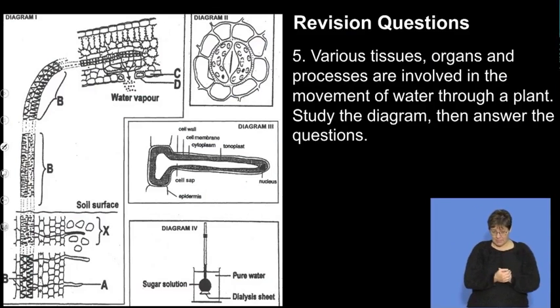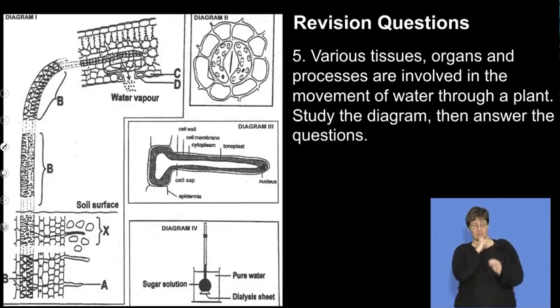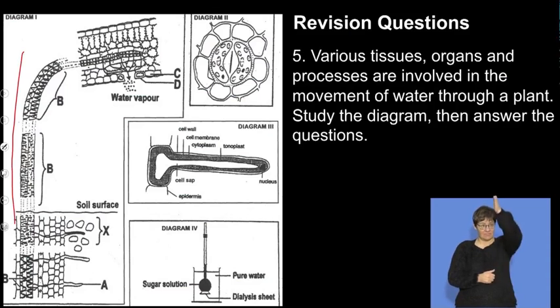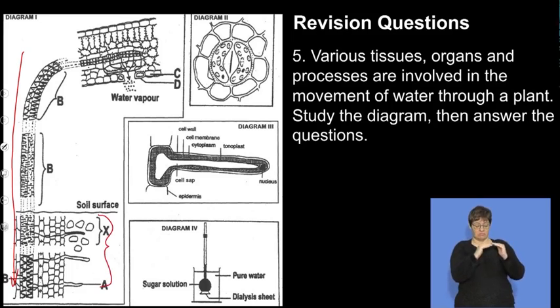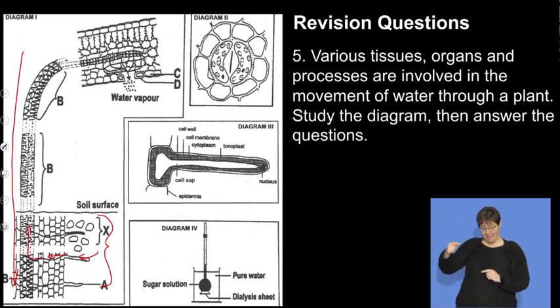Okay, we have a picture, and this is obviously below the soil. On this side of the diagram, we have a picture of a plant with a root at the bottom, below the soil surface. It shows root hairs, water moving into root hairs, moving up through the xylem. And B is obviously pointing to the stem because the water is moving up the xylem and it's going into the leaf.